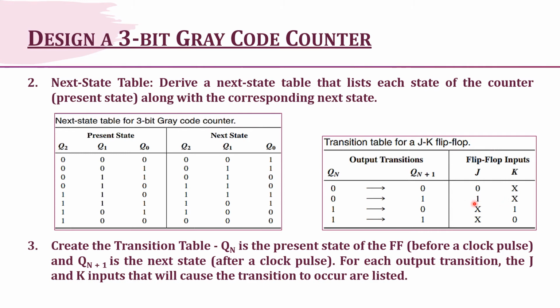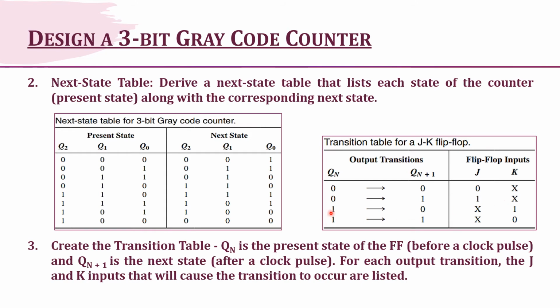The combinations 1 0 as well as 1 1 make this transition possible. From 0 to 1, it toggles its state, which we can have using the 1 1 combination, or it is in the reset state, so we can have that using the 1 0 combination. So the flip-flop inputs can be 1x. This x can have both the 0 or 1 value.